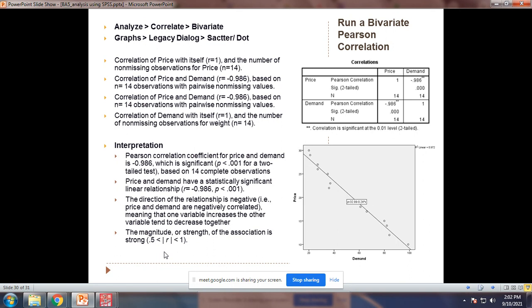Run the correlation, you will get this box, and after this, write the interpretation based on the hypothesis. So, we are concluding that there is an association between the price and the demand. Therefore, our alternate hypothesis is true and we reject our null hypothesis. Okay, the final statement will be that.